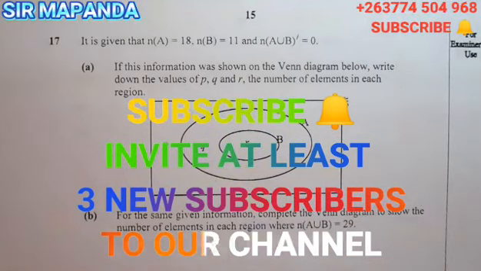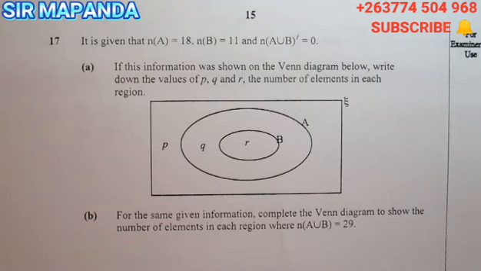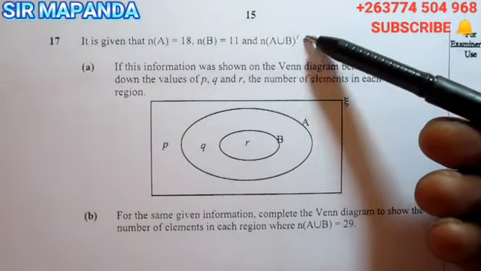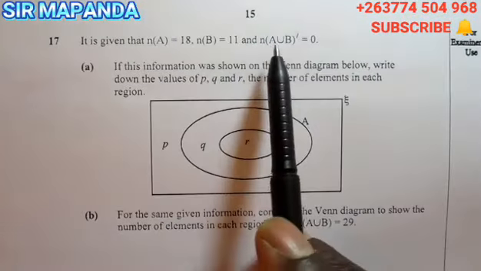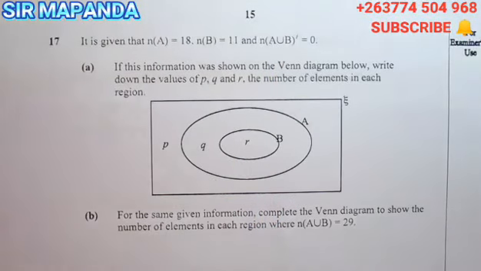It reads, it is given that n(A) is equal to 18, n(B) is equal to 11, and n(A union B complement) is equal to 0. So whenever you see this term complement, it refers to the elements which are not in A, which are not in B combined, right?